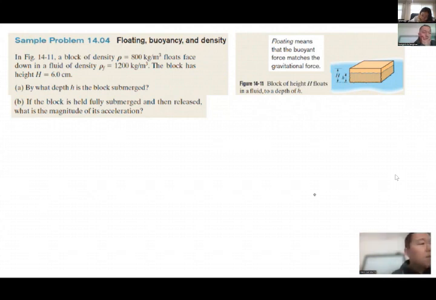So let's take a look at the first case. The buoyant force is the same as the gravitational force applied to the fluid which is replaced by that block.